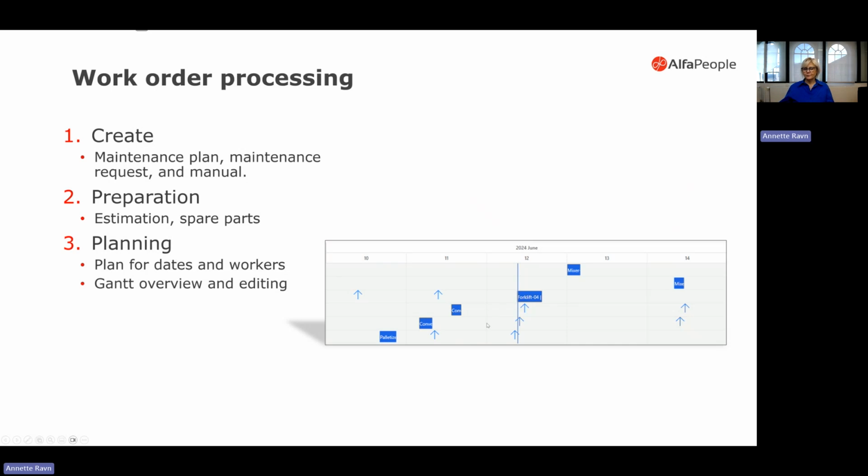As soon as I plan it for particular workers, it will come in the Gantt chart. And then if I see I can't reach it, or there is something more important for me to do today, then I can simply move this out in the future to another date, and that would automatically replan.